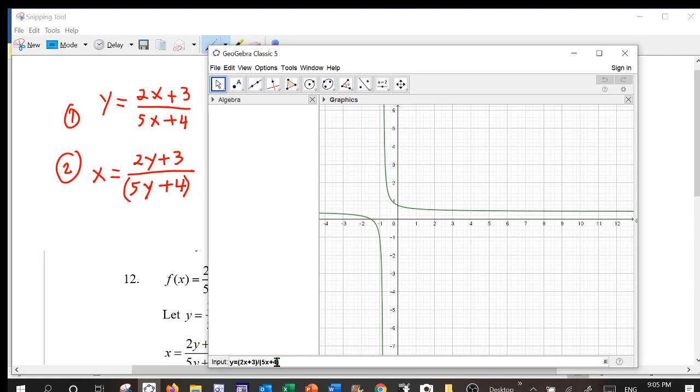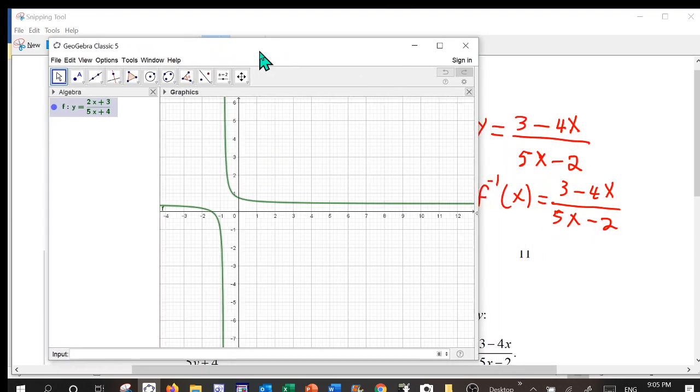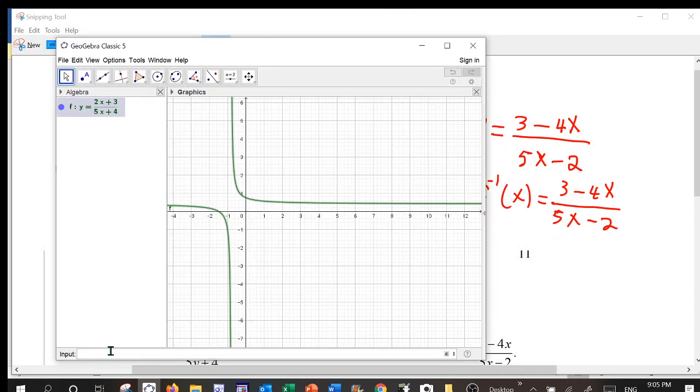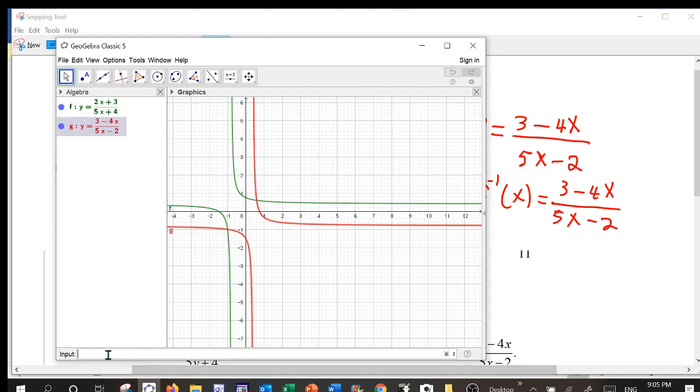So that's one function. And then I'm going to graph the inverse that we just found, y equals (3 minus 4x) divided by (5x minus 2). And also I want to graph y equals x.